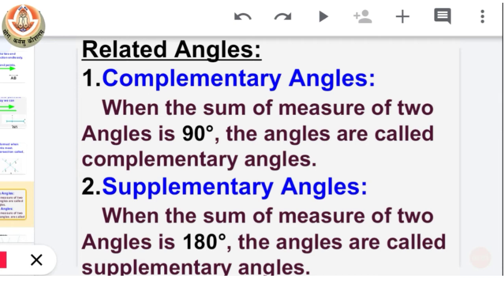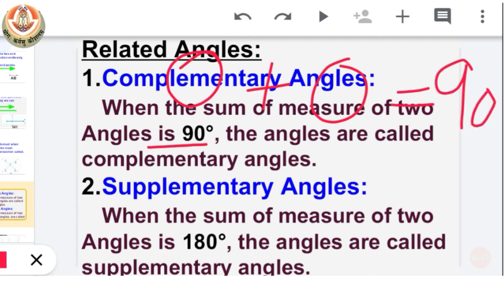Its definition is when the sum of the measures of two angles, exactly two, is 90 degrees, then these angles are called complementary for each other.